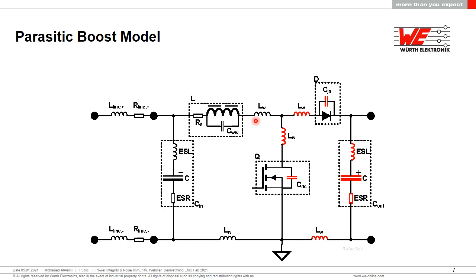There is also the output capacitance of the MOSFET, the junction capacitance of the diode, and from an inductor's point of view, of course, interwinding capacitance as well as the series RDC resistance. All of these parasitic effects combined together will result in higher frequency ringing and noise coming through. You will see this later on as we look at some of the time domain measurements that we have done for this converter circuit.